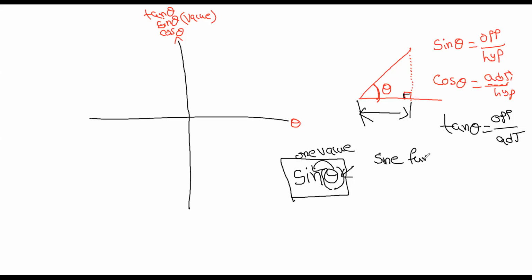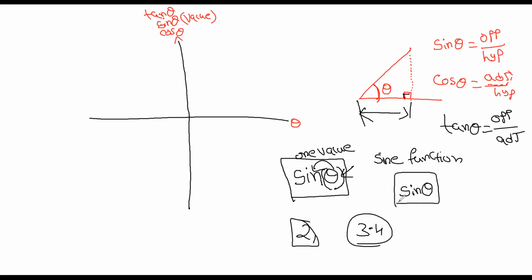Sine is a function where theta is the input, meaning sine theta is one particular value. Like 2 is one value, 3.4 is one value. We are not separating 3 and 4 separately, right? In the same way, sine theta is one particular value. We cannot separate sine and theta.